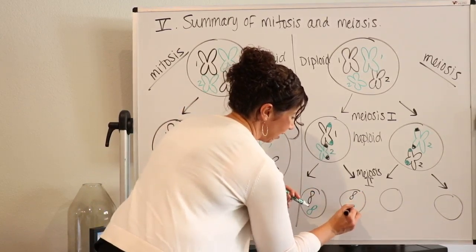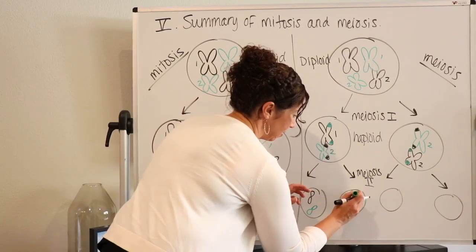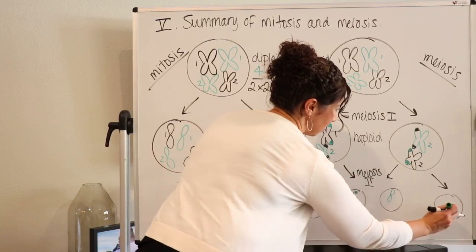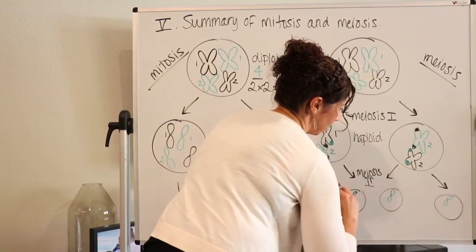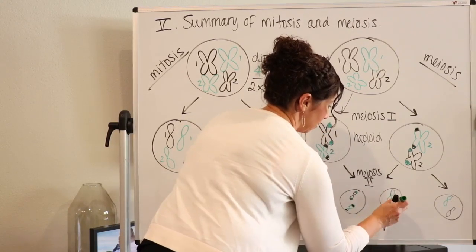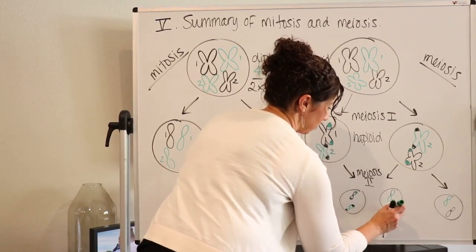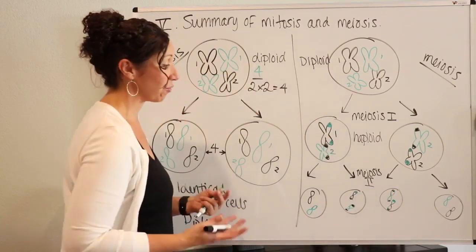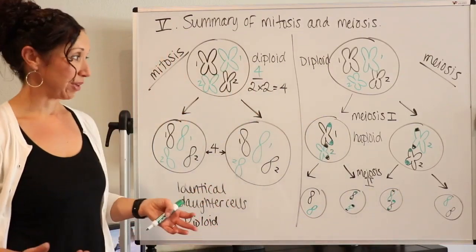And now they're all different. There we go. Now we have 4 non-identical haploid cells.